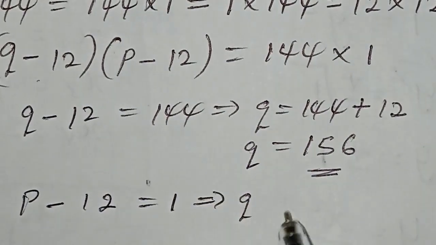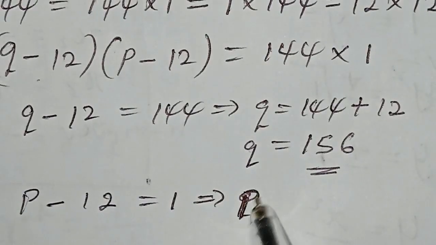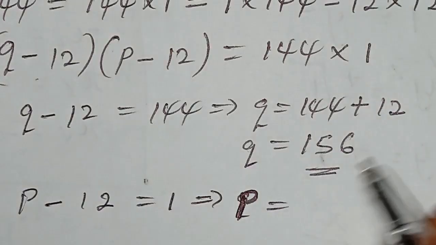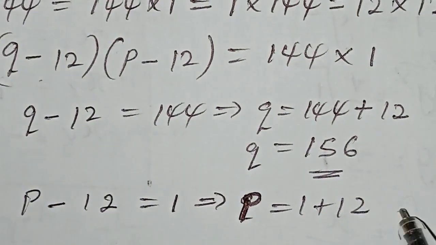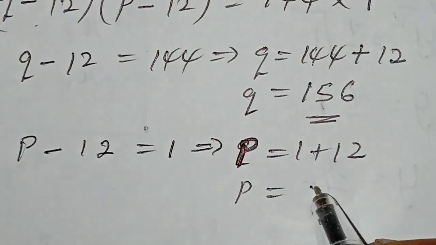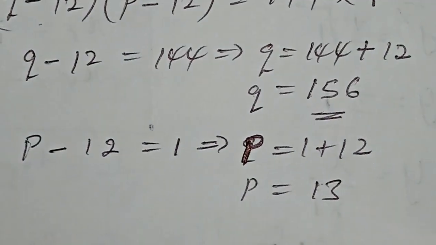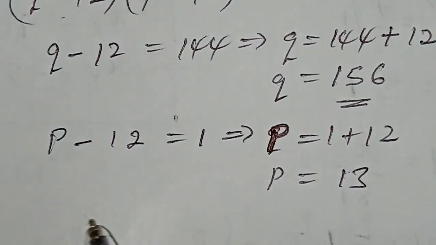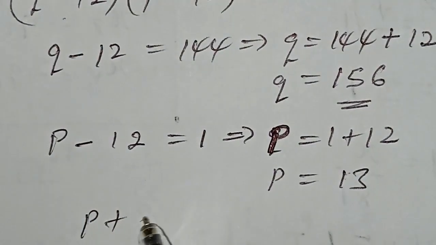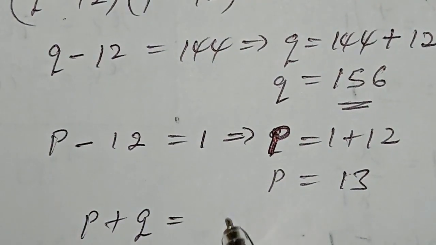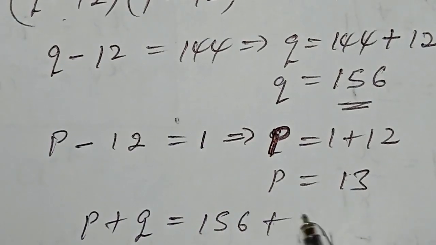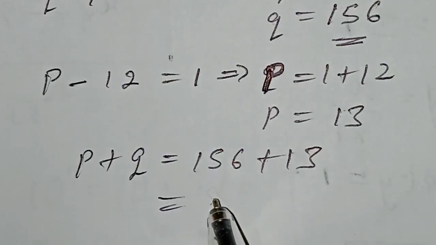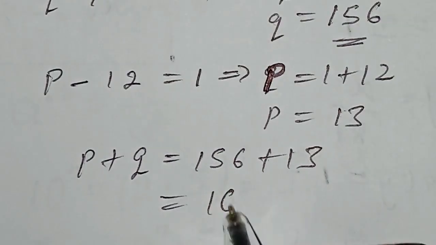It implies that P will be equal to 1 plus 12, which means P will be equal to 13. So here, for case 1, our P plus Q will be 156 plus 13, which is equal to 169.